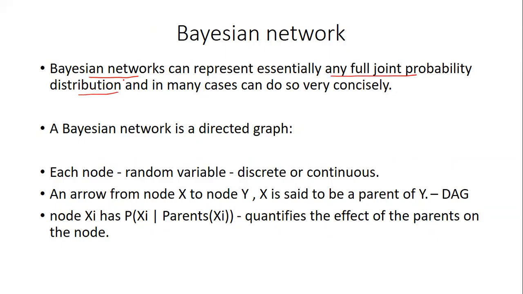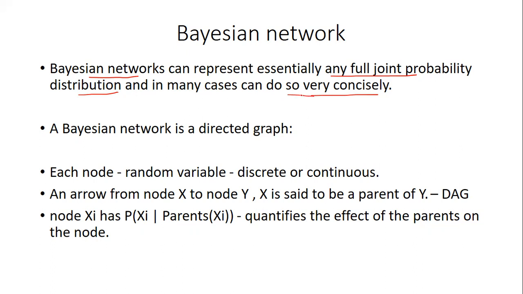It can do the job of a full joint probability distribution, but in a very concise way. This is the core key point about Bayesian network.